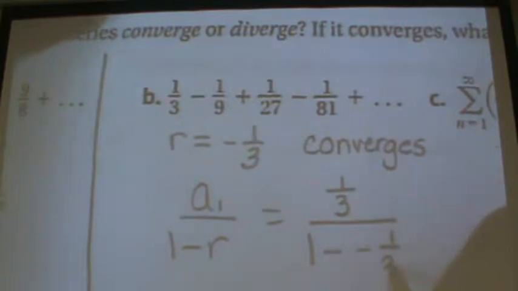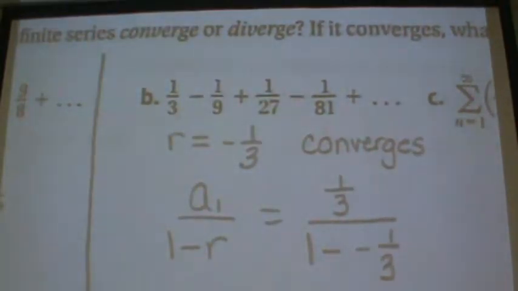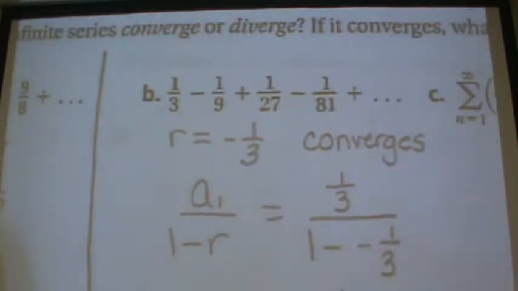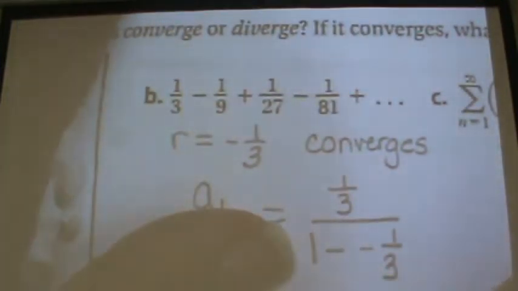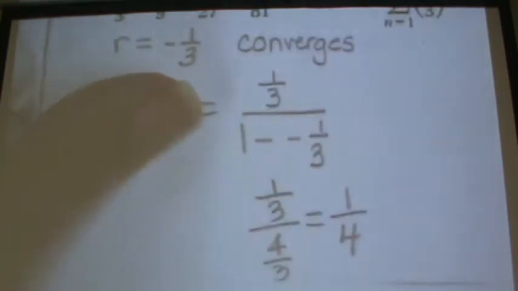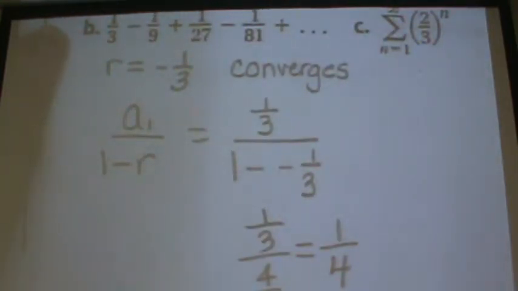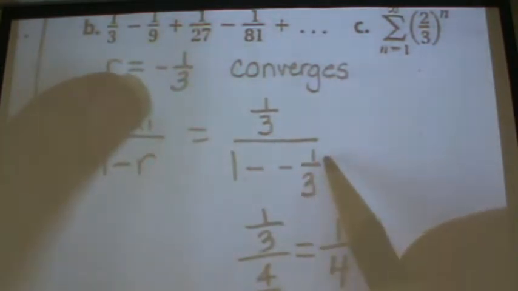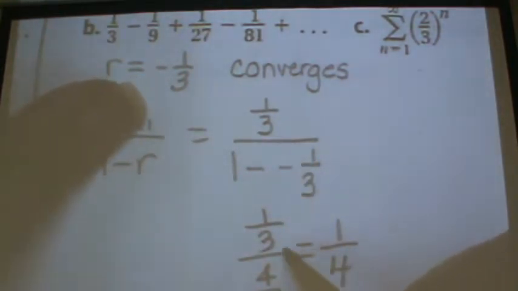Now I want you all to do this on your calculator and tell me what answer you get. 1/4. I got 1/4 as well. One third over 1 plus 1/3, so this is 4/3. These cancel and you have 1/4.